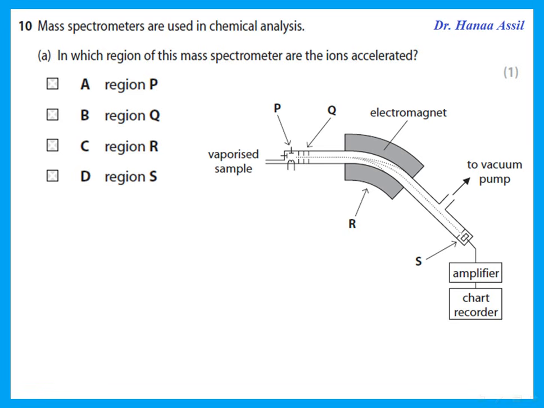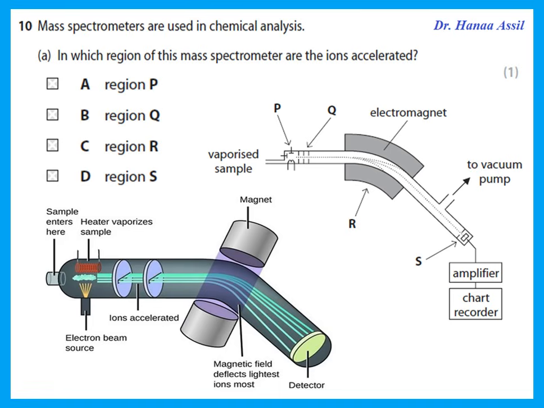Mass spectrometers are used in chemical analysis. In which region of this mass spectrometer are the ions accelerated? Do you remember this diagram for a mass spectrometer? We said what happens in a mass spectrometer? The sample enters, it is heated and vaporized, and then it is bombarded with an electron beam to ionize it.